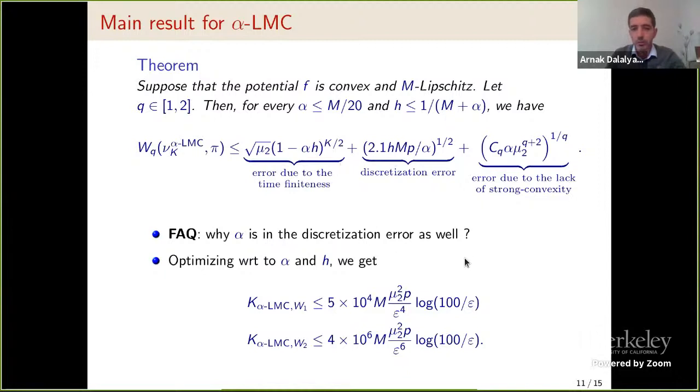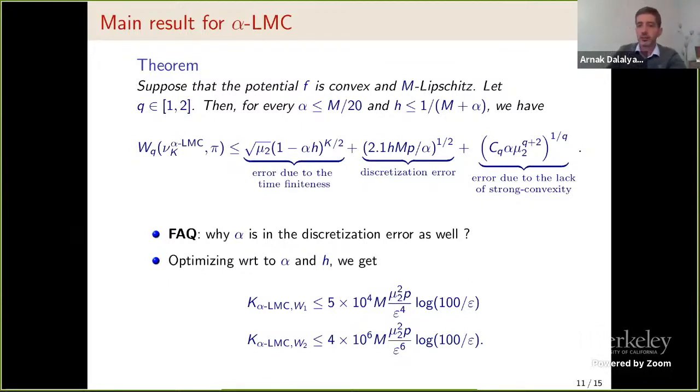Doing that, we get some simple upper bounds for the mixing time. For W1 distance and for W2 distances, these bounds are written here. What we saw already in the table earlier were exactly these bounds without the constants and without the logarithms, just the simplified forms of these inequalities.